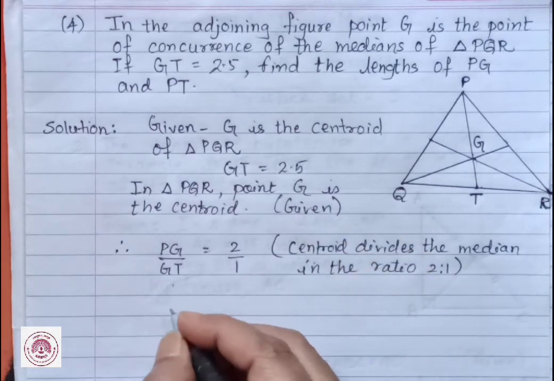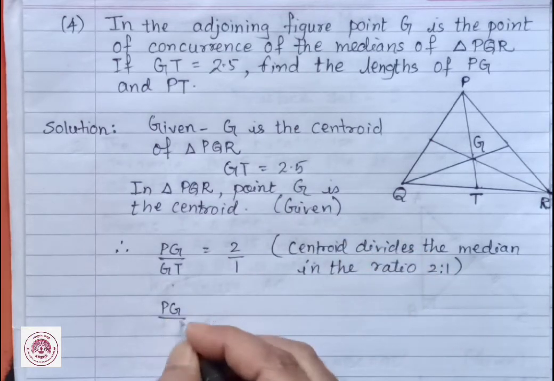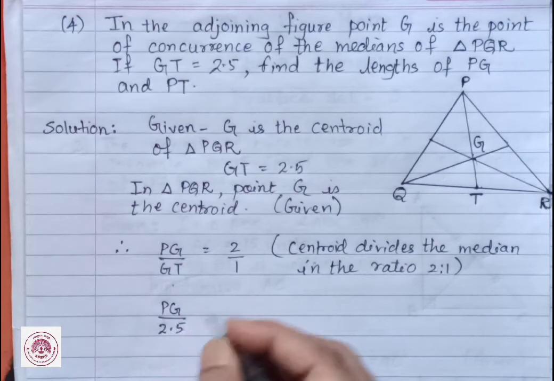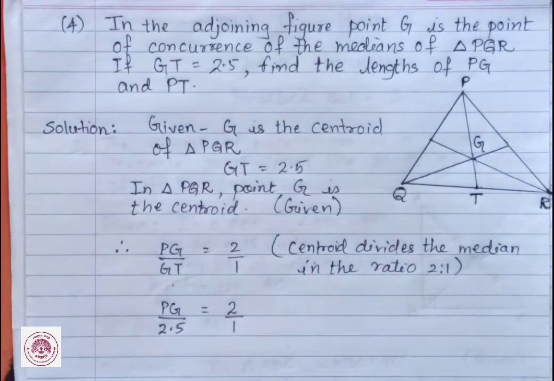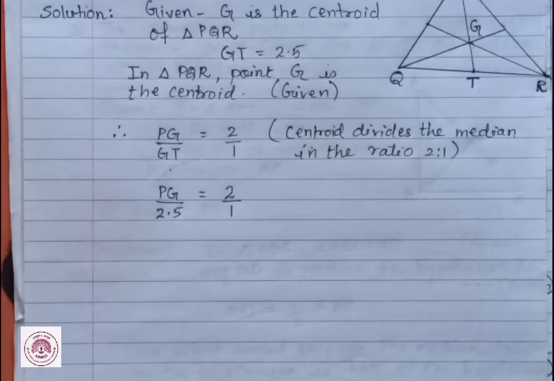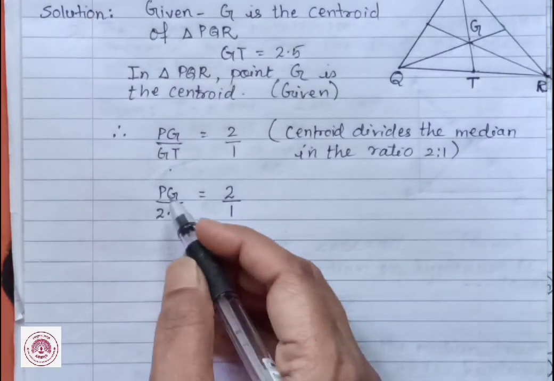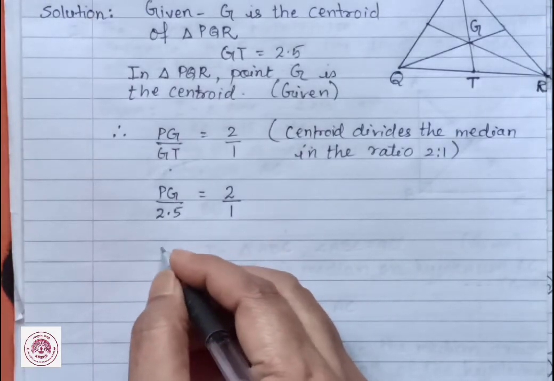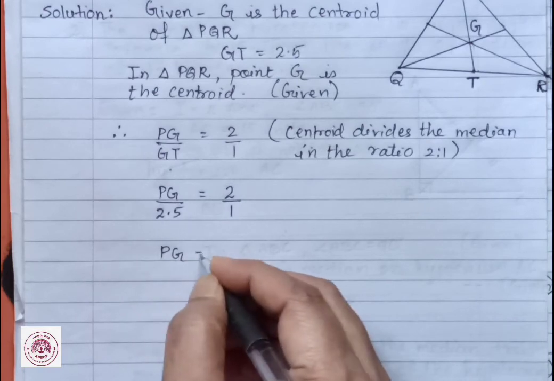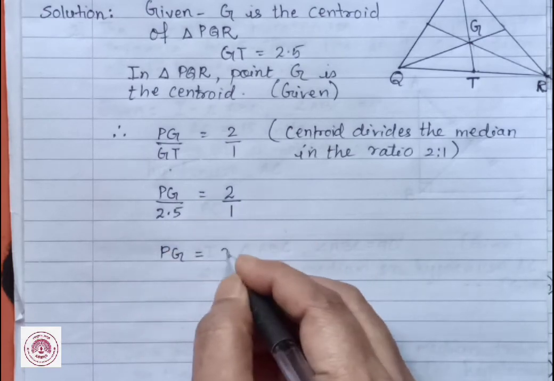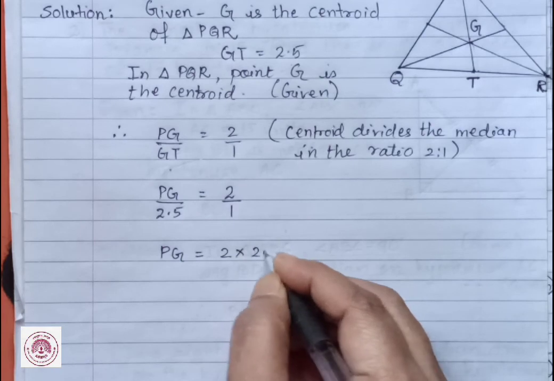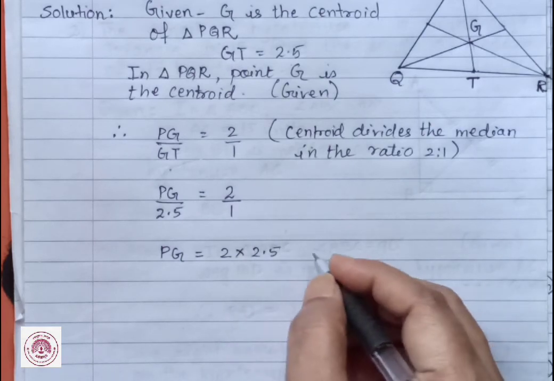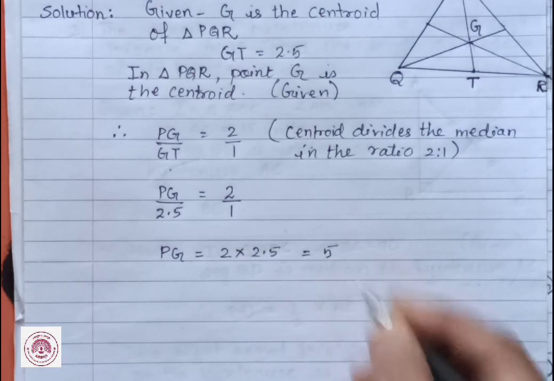Now we already know the value of GT, which is 2.5. So let's substitute. PG upon 2.5 equals 2/1. Now let's find the value of PG. We can cross multiply here. So PG multiplied by 1 equals 2 multiplied by 2.5, which is equal to 5.